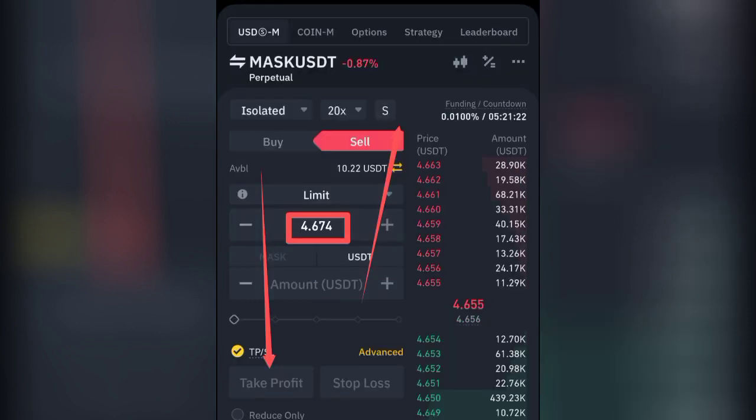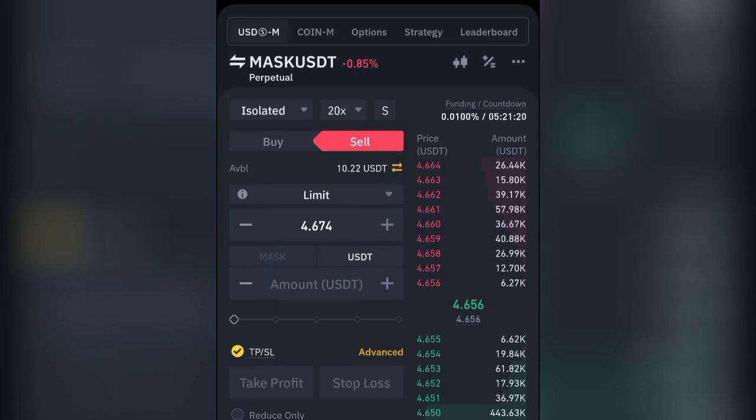So once we have been able to understand this concept, the next question is, what is actually leverage? Leverage in its simplest terms means that you are borrowing more capital to enter a trade. So if I want to enter this trade now, which is this MASK USDT perpetual, if I want to short or long this trade now, and what I'm having is just $10 to enter this trade, I can come and use 20x leverage or less than 20x leverage, depending on what I actually want.